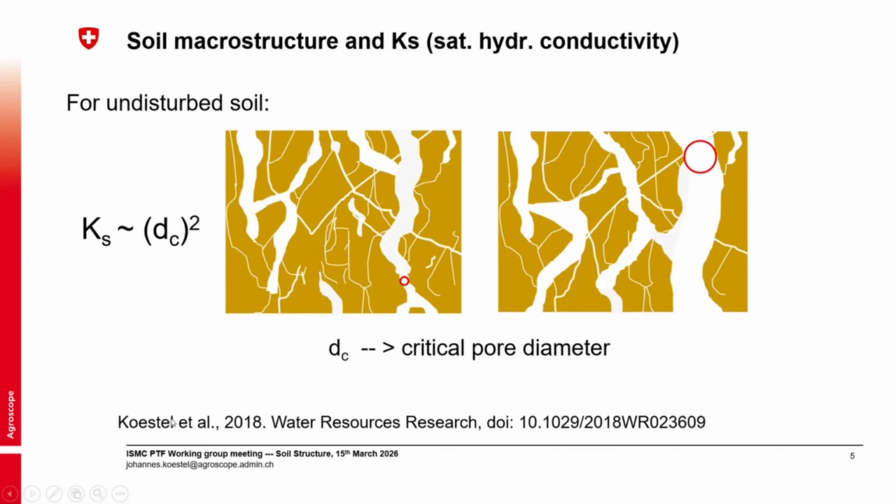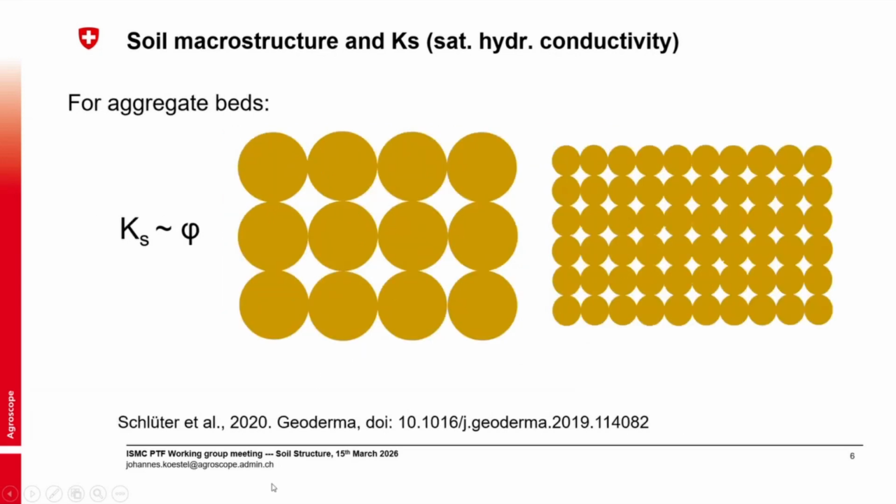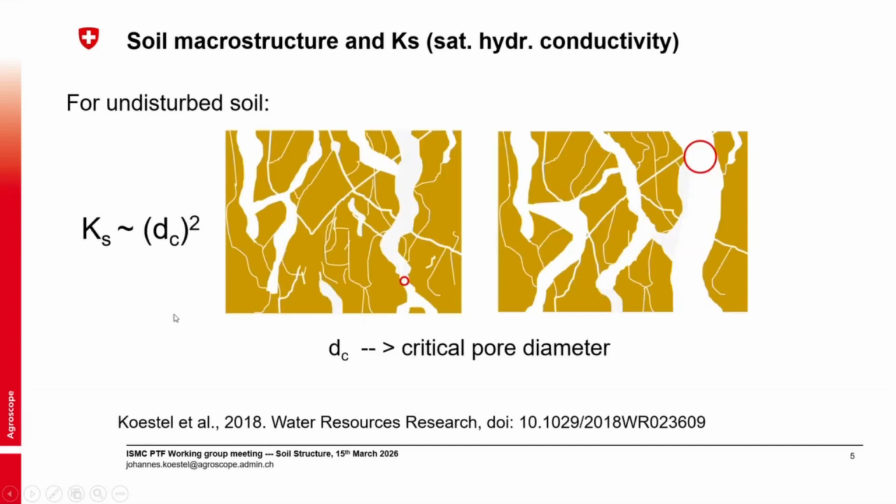So there's one work that we did together with Attila Nemes when I was still working in Uppsala in Nick's group, that is shown here. And there was a similar work done in the group in Halle at the UFZ with Steffen Schlüter that also found that for undisturbed soil, the critical pore diameter is best correlated with Ks.